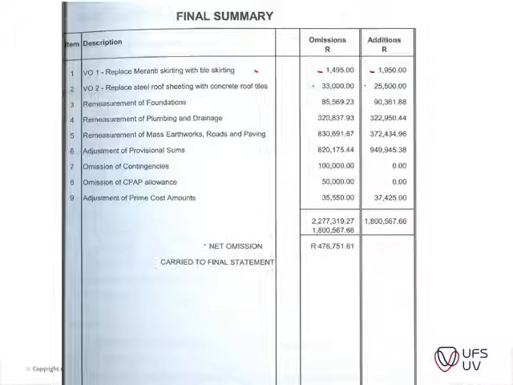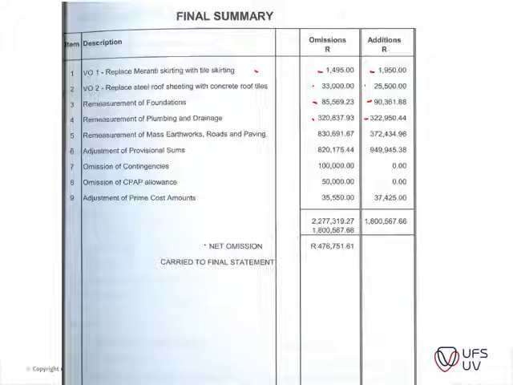Remeasurement of foundation, so originally there was allowed for 85,000, in the end it amounted to 90,000. Then you've got the remeasurement of the plumbing and drainage, 320,000 was allowed and the actual amount measured was 322.